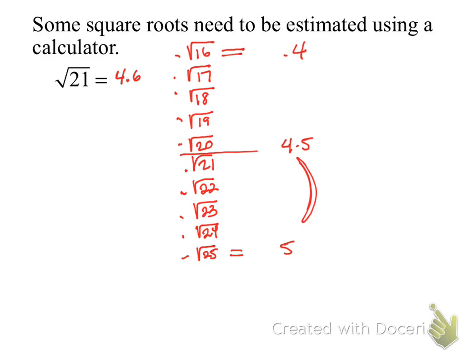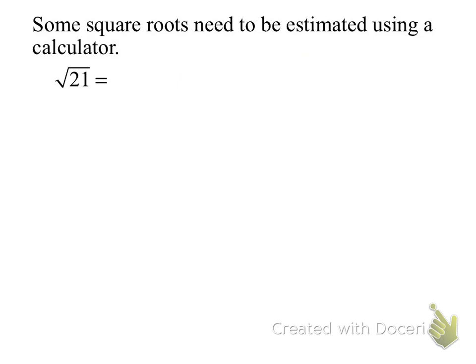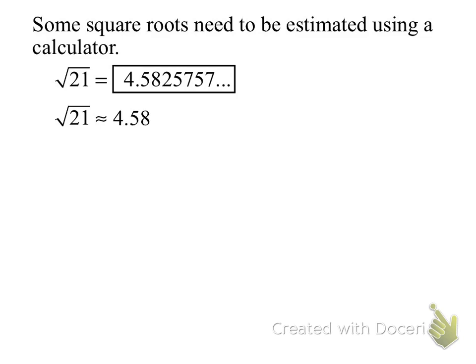Go for it. 4.55. Okay, she's saying 4.55. All right, let's find out. 4.58. But 4.6 is only 2/100ths off, actually closer than when we estimated to the hundredths place. You should be able to get within 1/10 of your number by estimating this way. Okay?